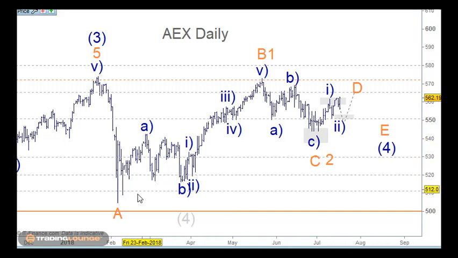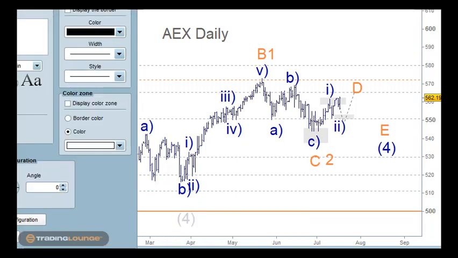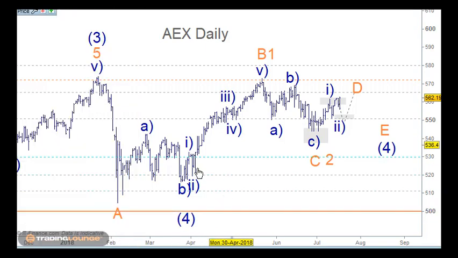The other count here is that wave 4 is already in place here, and I'll just bring that on blue here, and then this would lead this up as wave 1 here, an A and a B and a C for wave 2, and then up for 1 and back for 2, and then this would keep going here.